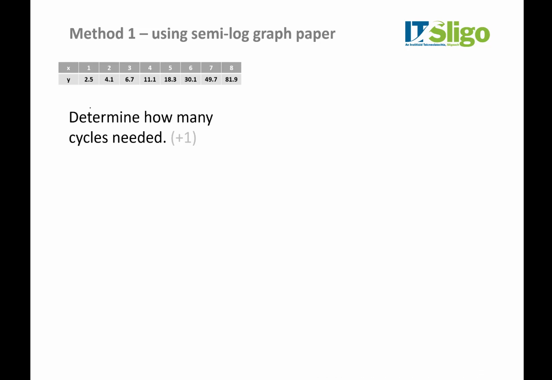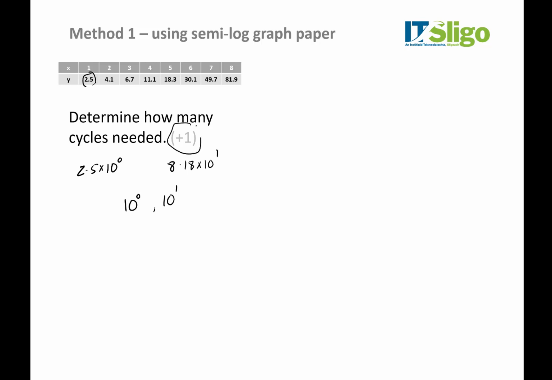So here, guys, I'm going from 2.5 by 10 to the power of 0. That's my lowest value, up as far as 8.19 by 10 to the power of 1. So I need to accommodate this cycle and this cycle. So in this case, I only need 2 cycles.